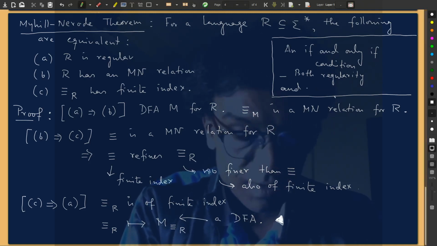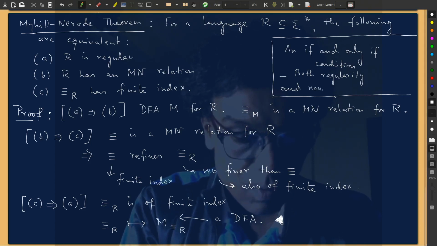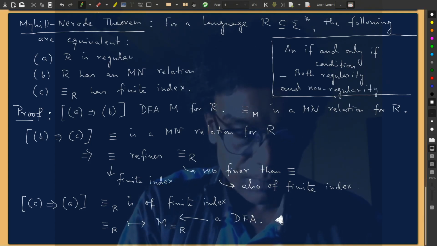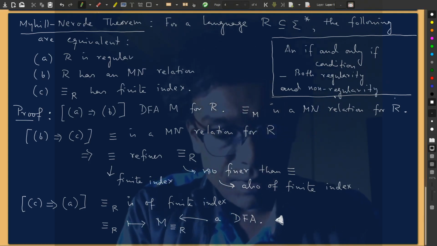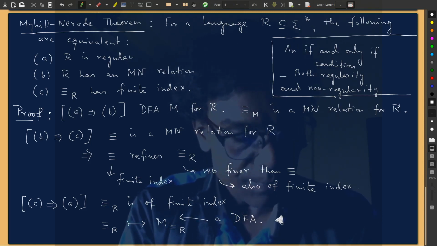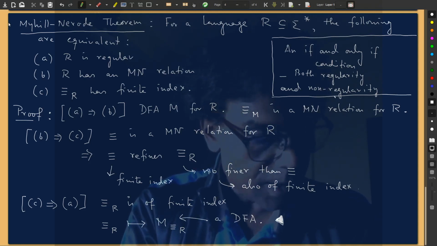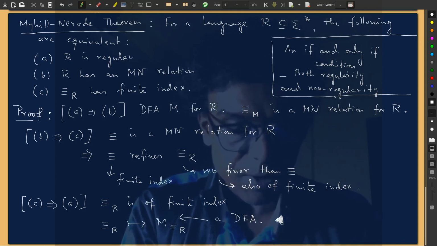So we will see an example. Recall that the pumping lemma is only one way, because there exist languages which are not regular and they still satisfy the pumping lemma. So that's not an if and only if condition. But this Myhill-Nerode theorem gives us an if and only if condition for recognizing regularity versus non-regularity.